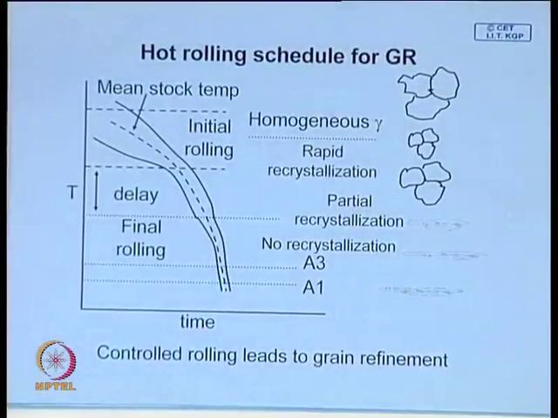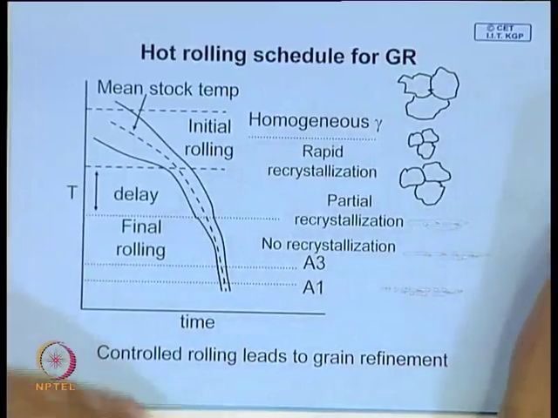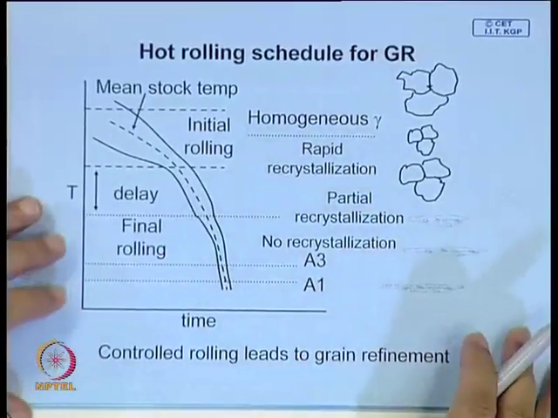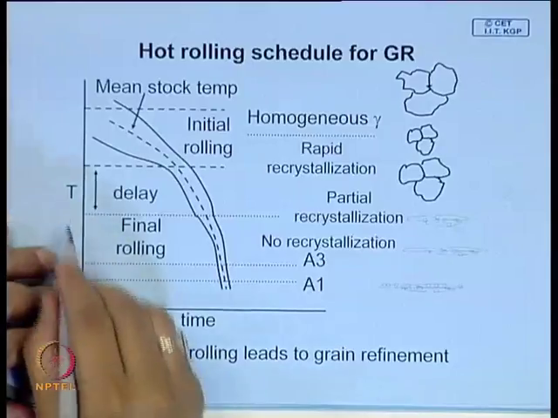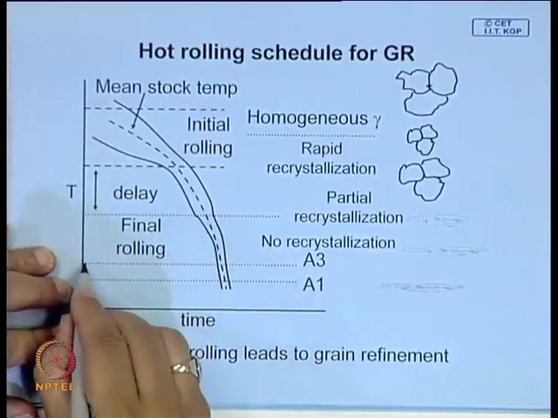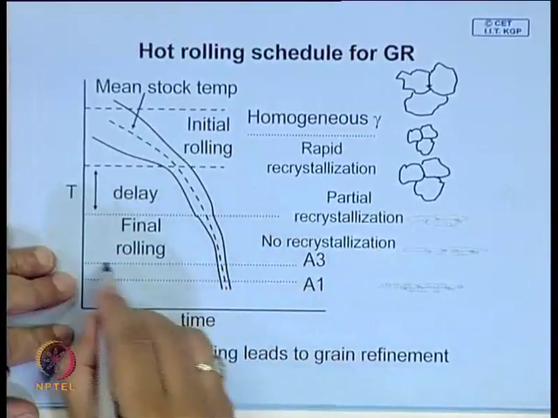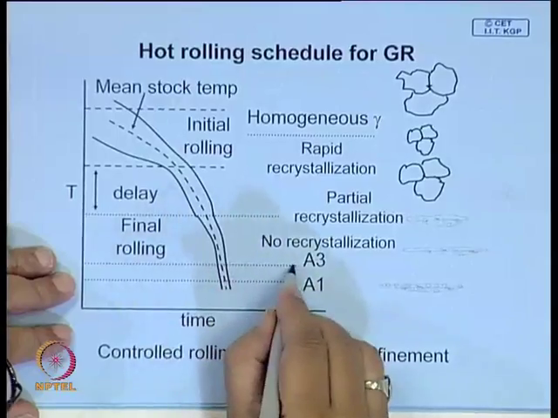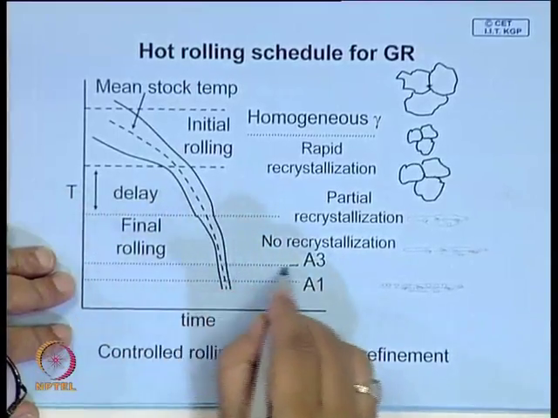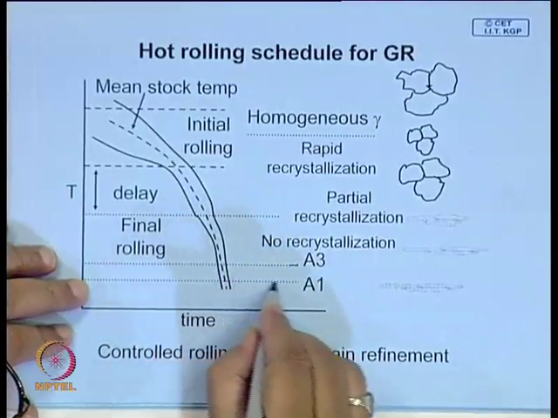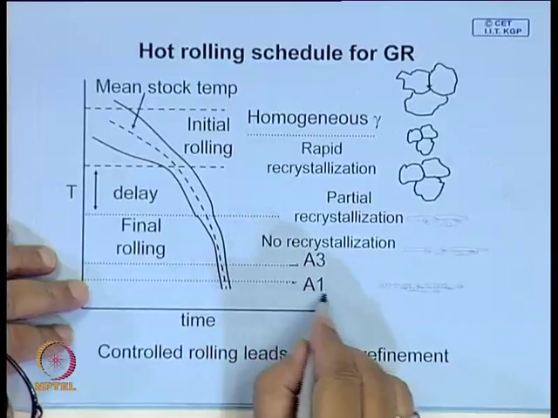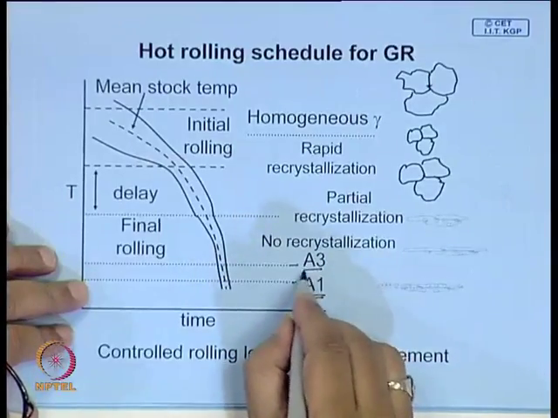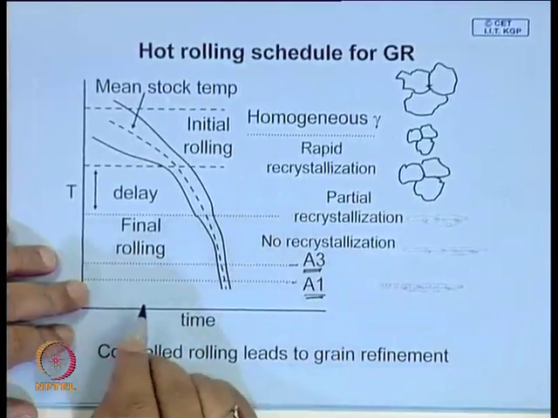Now, the question comes, how do we schedule our hot rolling, and here it is pictorially shown. This is the time temperature plot, and let us say these are the temperatures at which ferrite formation is possible, and this is the temperature at which pearlite may form in the steel. So, these are the equilibrium temperatures.